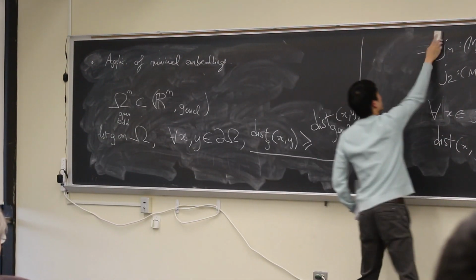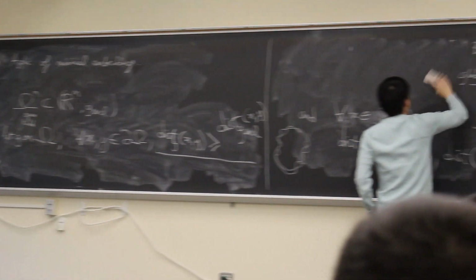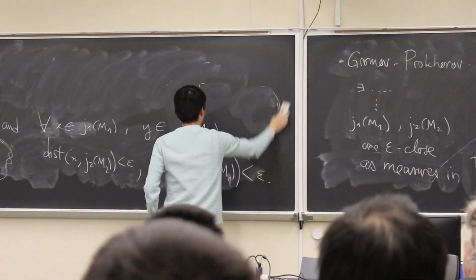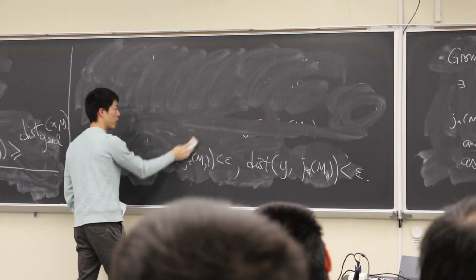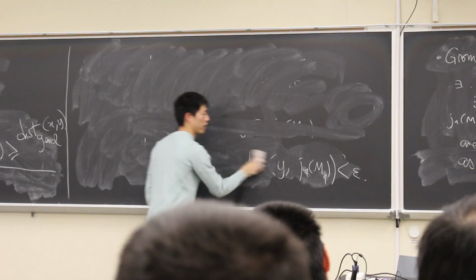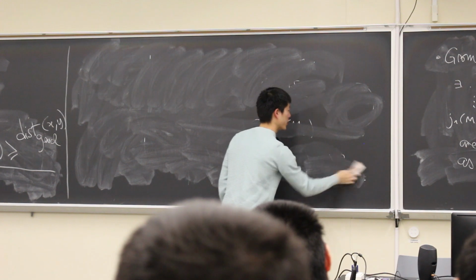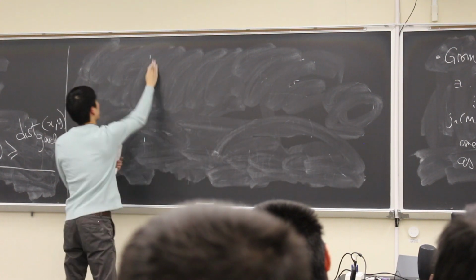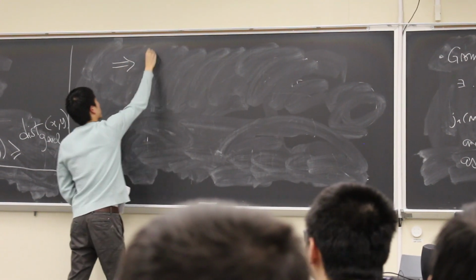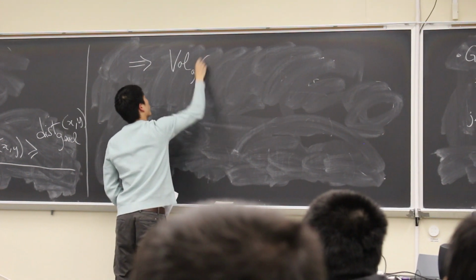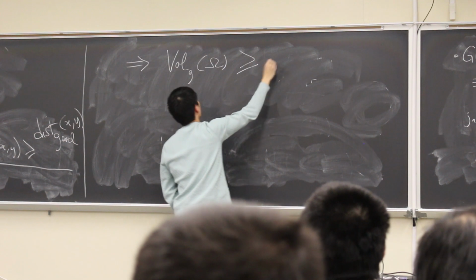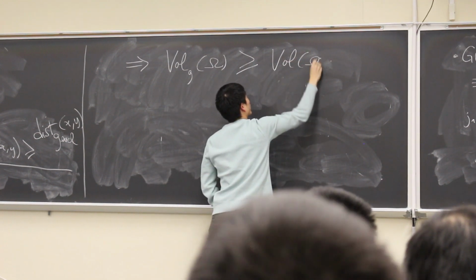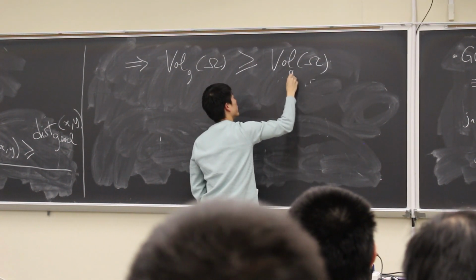The conclusion is that you get information on the interior of Omega for the respective metrics. What you get is that the volume with respect to g is in fact larger than the volume with respect to g Euclidean.